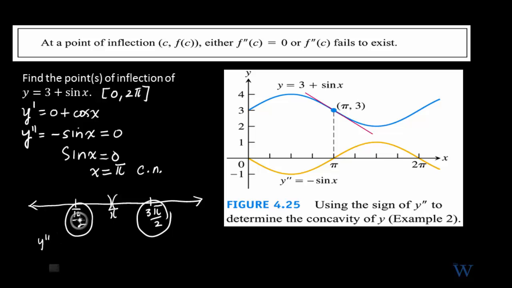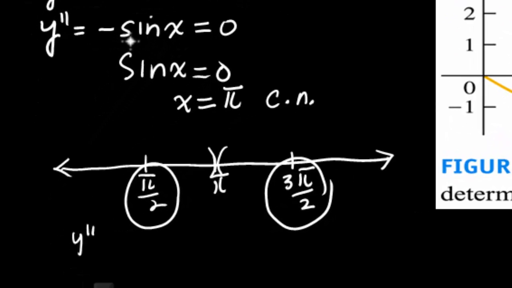So y double prime means that we plug in pi over 2 into negative sine of x. So what is the negative of sine of pi over 2? The sine of pi over 2 is 1. So negative 1 would be the value, which means the second derivative is negative. Okay, so what do we say?